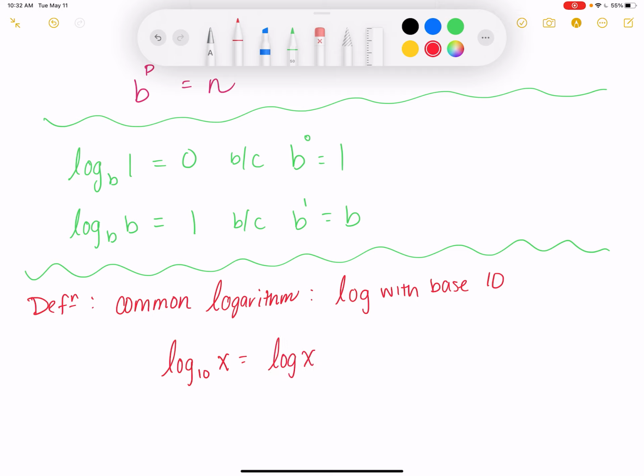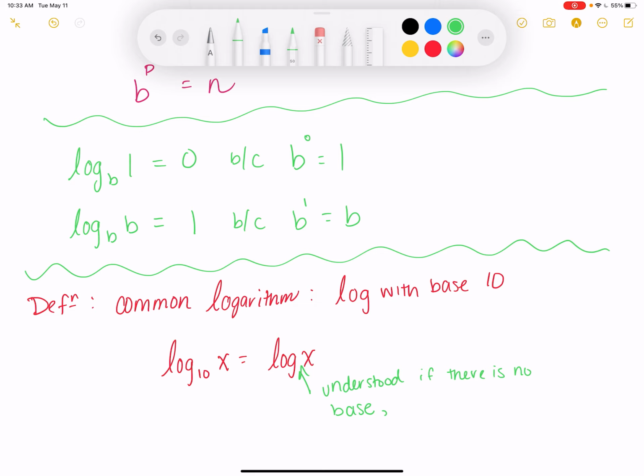log of x, okay? This is the only one this works for. Okay, notice there's nothing written here. So it is understood if there is no base, it's base 10.